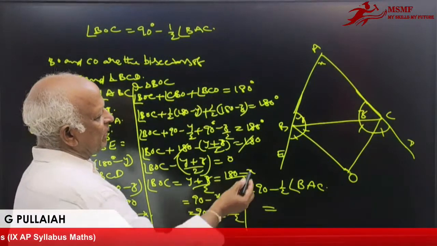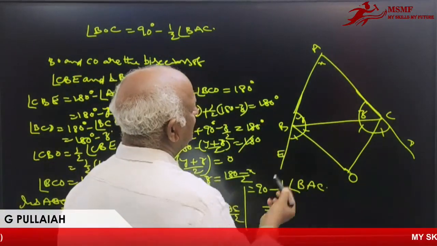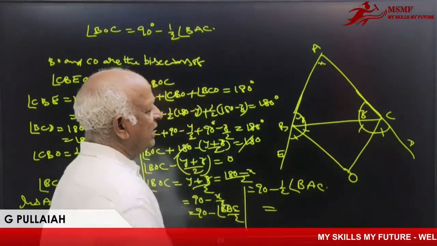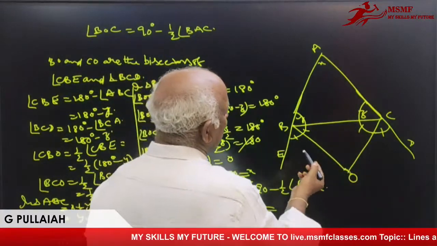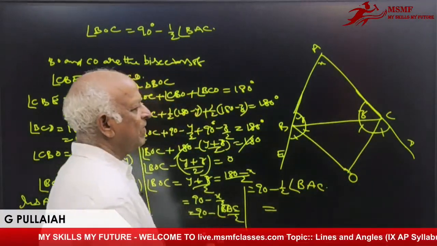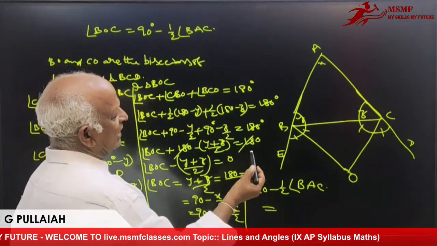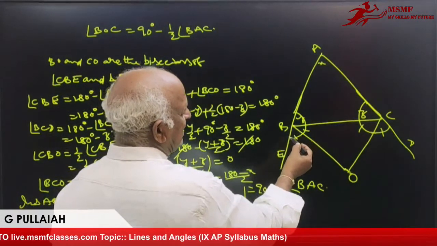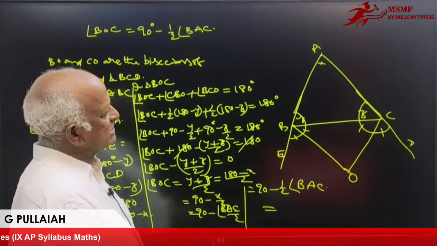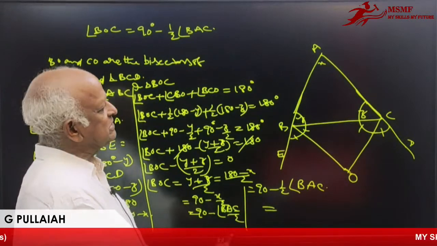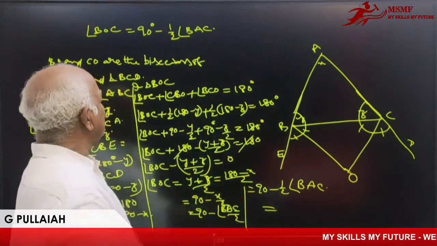Here BO is the bisector of angle EBC and CO is the bisector of angle BCD. Now if you take angle CBE, taking all this as the straight angle, angle CBE is nothing but 180 minus y.